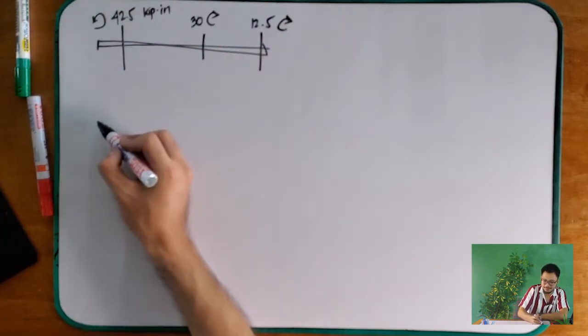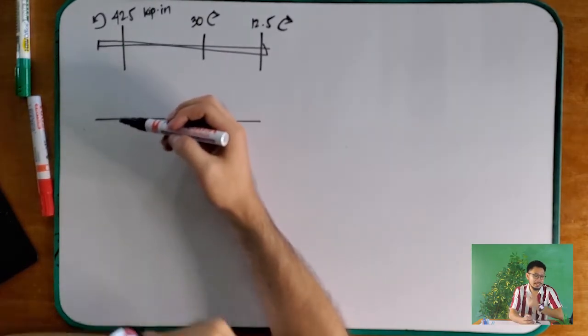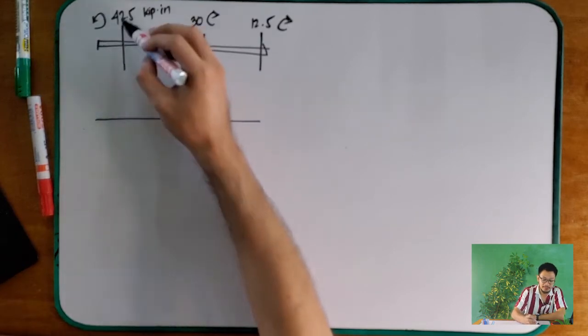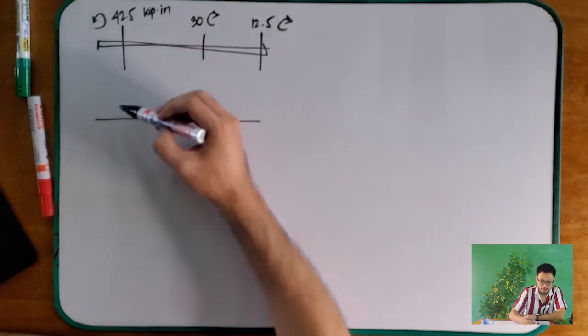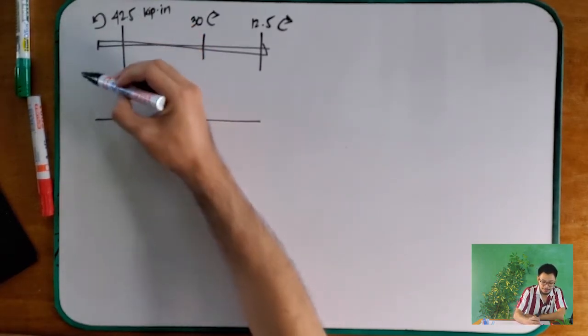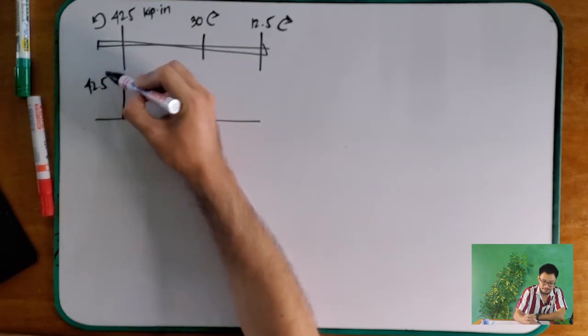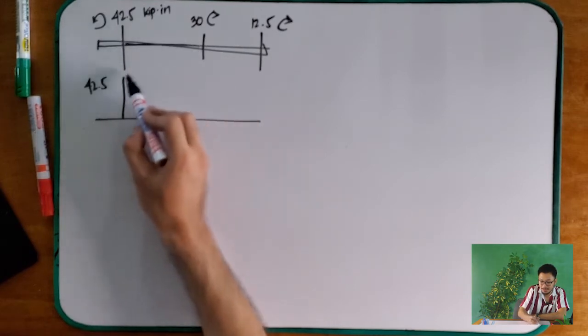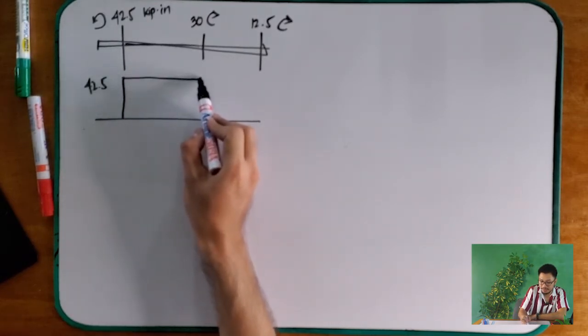So ato siya i-graph. So atong ingon nga ang counterclockwise ang pasaka, ang clockwise pa ubos. So 42.5 na ay torque na 42.5, so nisaka siya 42.5. So walay torque diri nga gi-apply, so consistent nga 42.5.